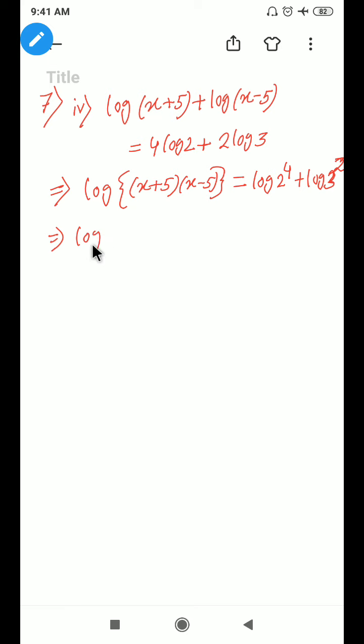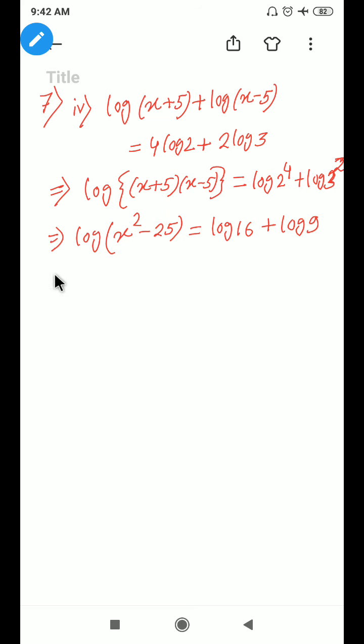Now you can use the a square minus b square formula, that is a plus b into a minus b. So this is x square minus 5 square, 5 square means 25, and 2 to the power 4 means 2 multiplied 4 times, which is 16, plus 3 square means 3 threes are 9.